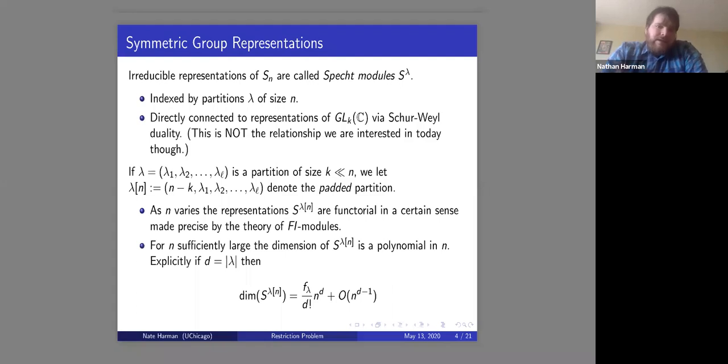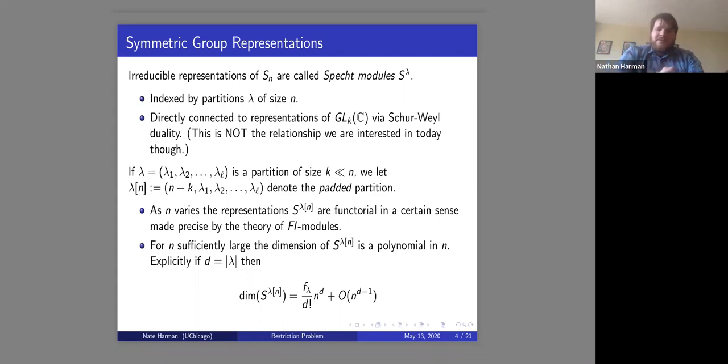And then I want to point out that the dimensions of these irreducible representations of the symmetric group are again polynomial in n, and there's this notion of degree, which is the size of this partition lambda. It doesn't really make sense to talk about it in terms of a degree of some polynomial entries anymore, but it still controls this dimension growth.